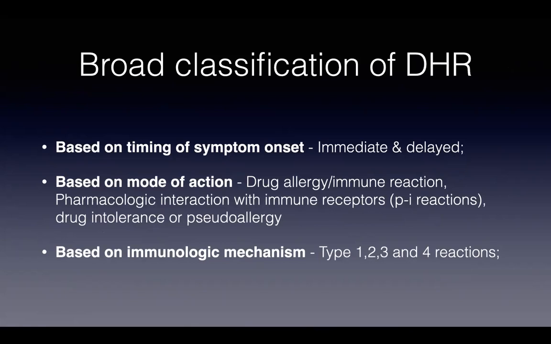Based on the mode of action, it may be drug allergy or immune reaction, pharmacological interaction with the immune receptor, also known as the PI reaction, and drug intolerance, sometimes also known as pseudo allergy. Another category is based on the immunological mechanism that we are very much familiar with, that is type 1, 2, 3, and 4 reactions. Of these, we will touch mainly on the type 1 reactions.